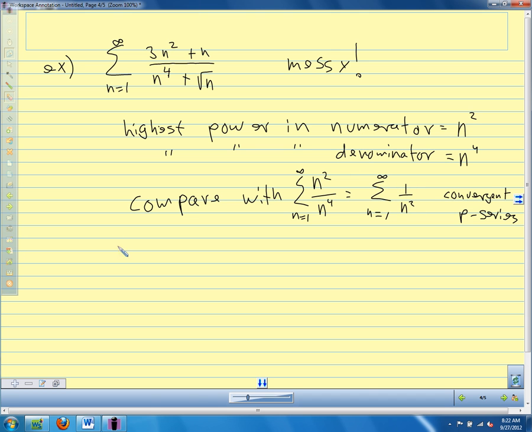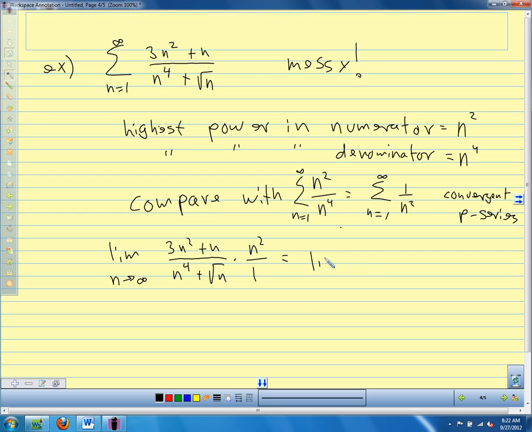So I'm going to look at the limit as n approaches infinity, using the limit comparison test, of 3n squared plus n over n to the fourth plus square root of n. And I'm dividing by 1 over n squared, so I'm going to just rewrite that as multiplication.